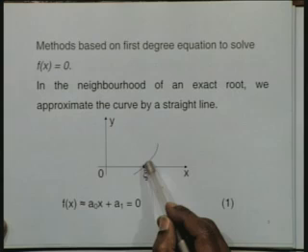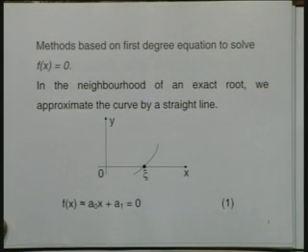If you are given any curve and I take any point on the curve, the neighborhood of this particular point can always be approximated by a straight line. An infinitesimal segment of the curve can be replaced by a straight line.